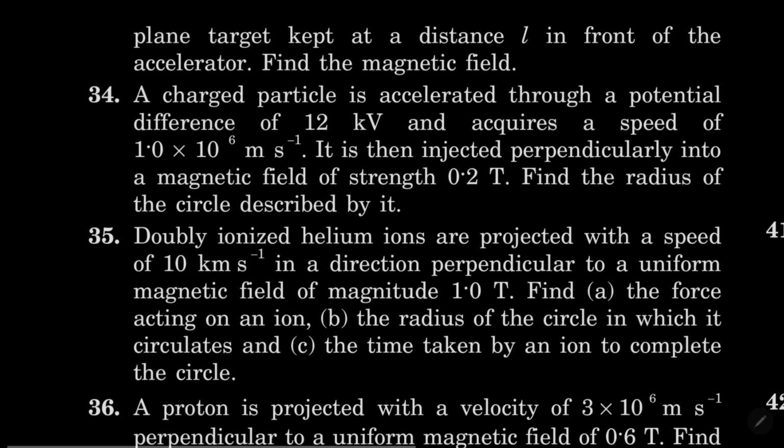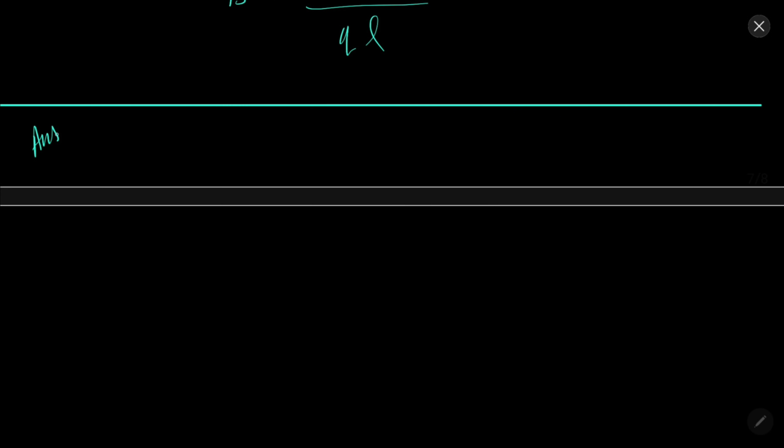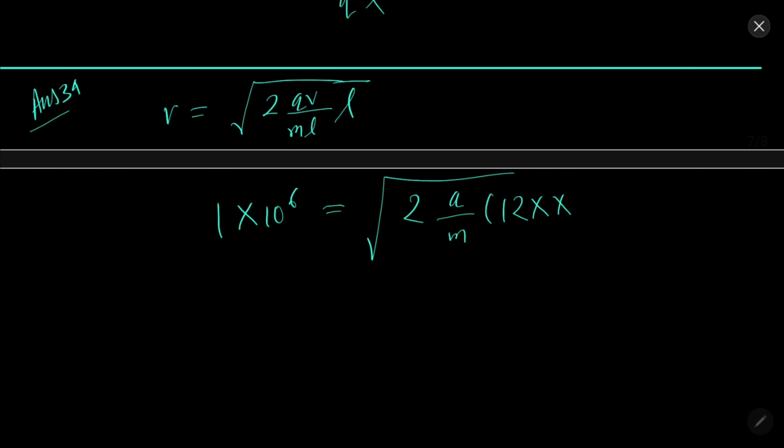In question 34, we need to find the radius of the circle described by it. Solution 34. So here v will be root 2 qV by m, and L into I is L. When we simplify this and put in all the values, 6 equals root 2 into q by m into 12 into 10 to the power 3.